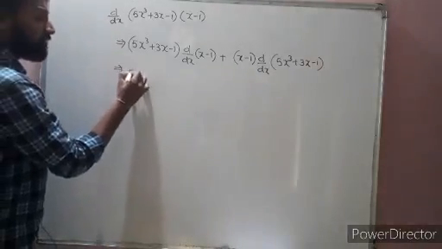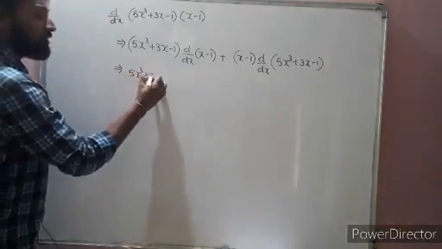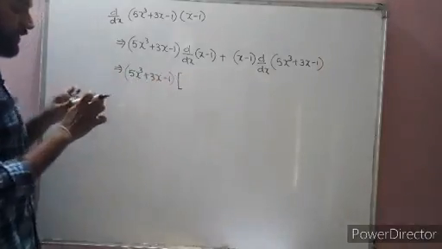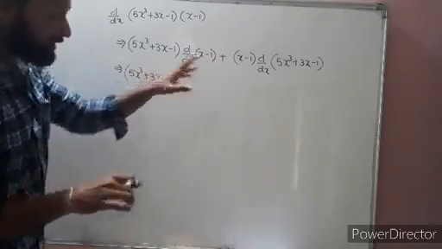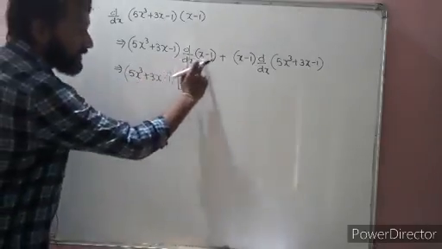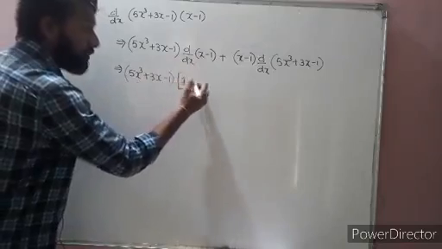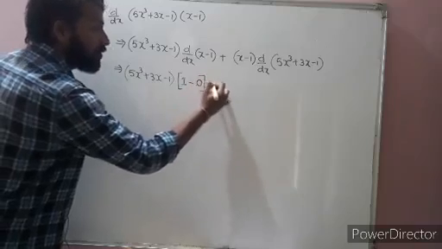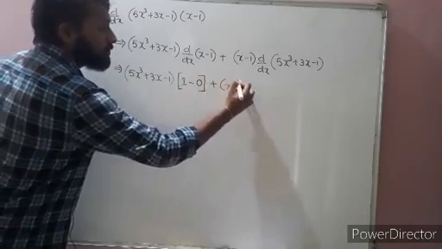Well, now this is (5x cube plus 3x minus 1). Now the derivative of this one, as we have already done, d by dx of x will be 1, minus derivative of 1 will be, yes, that is 0, plus (x minus 1).